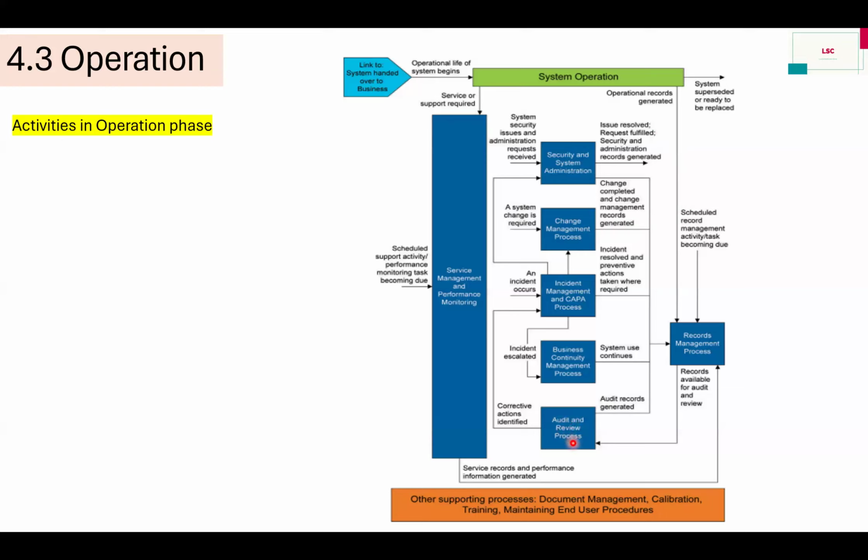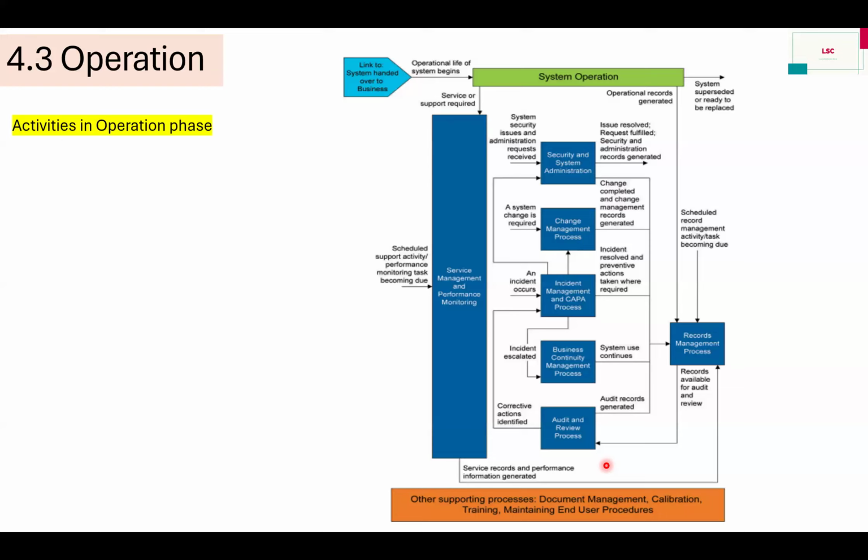We have to review the audit trail, how many incidents there were, how they were rectified, whether there is any change, whether there is any configuration problem, how many CAPAs we have taken, and what is the effectiveness of the CAPA. This is known as the periodic review. So the review should confirm that the components of the system, the required support and maintenance processes and expected regulatory controls are in place, and these are established.